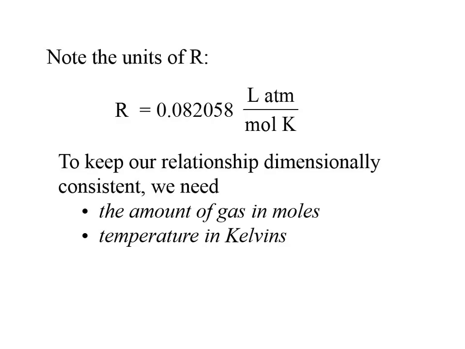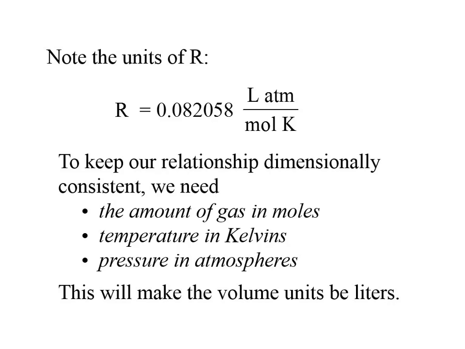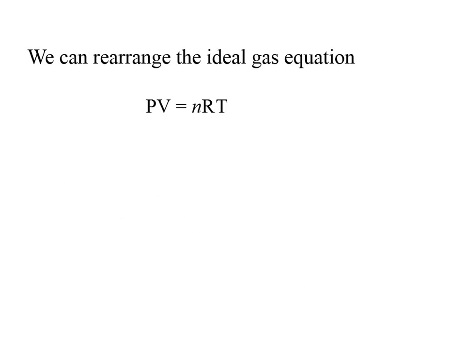So I already told you that we're going to get N, moles, from grams of CO2. We're going to have to clean up our Celsius temperature to get it to Kelvins. And this last bullet, our pressure needs to be in atmospheres. It's in millimeters of mercury. Go figure. So we're going to have to fix that.